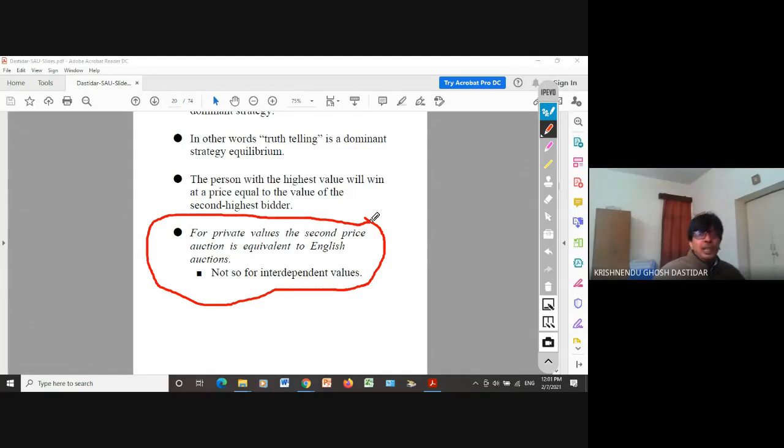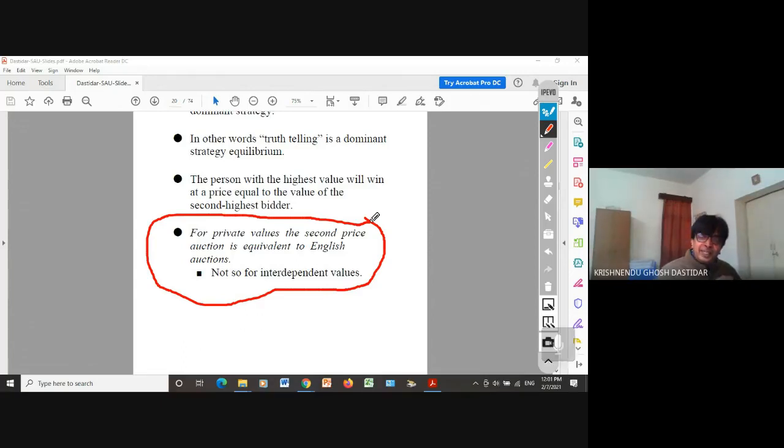See, what happens in an English auction is that the price is continuously rising and bidders are dropping off. So essentially, if you think about the reduced form, you have to think of at what price you would drop off. Since it's a case of private values, the information that you have now is you are observing the current price, and you also know who are the ones who have dropped off.